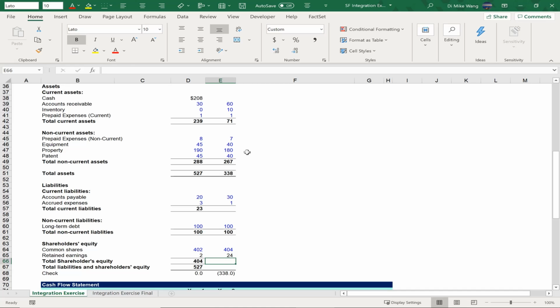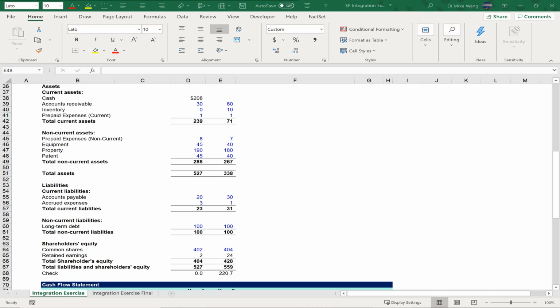Our total shareholders' equity now is going to be 428, and then we could copy over this same equation for our total liabilities and shareholders' equity, and that gets us to a number of 528. So you can see that obviously our balance sheet does not balance, and that's because, oops, this number needs to be added up together as well, and that's because we are missing the cash item here.